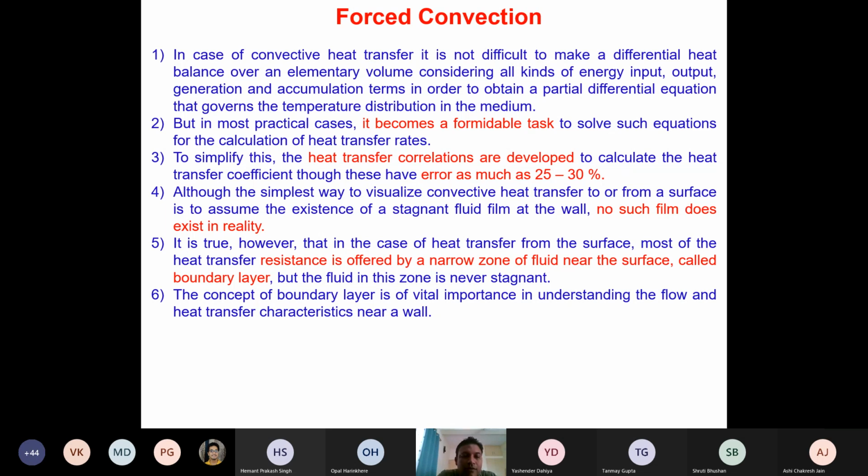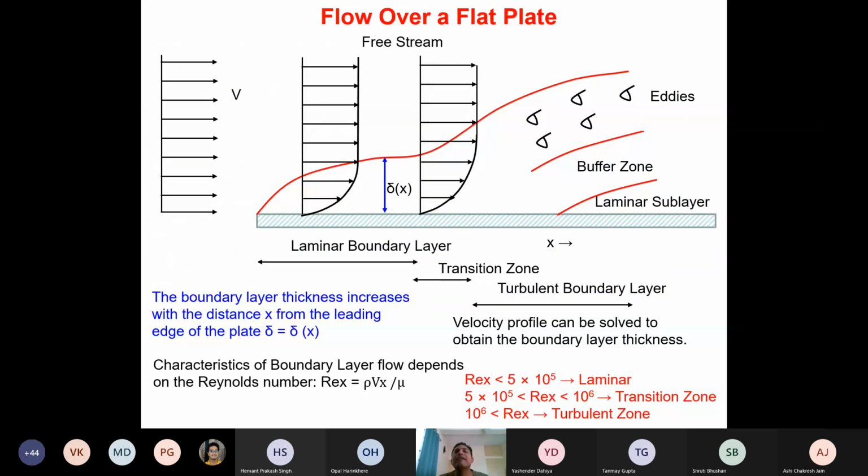The concept of the boundary layer is of vital importance in understanding the flow and heat transfer characteristics near the wall. That I have already said. Now let us look at the concept of the boundary layer. We are considering a simple case where a liquid flows over a flat plate.